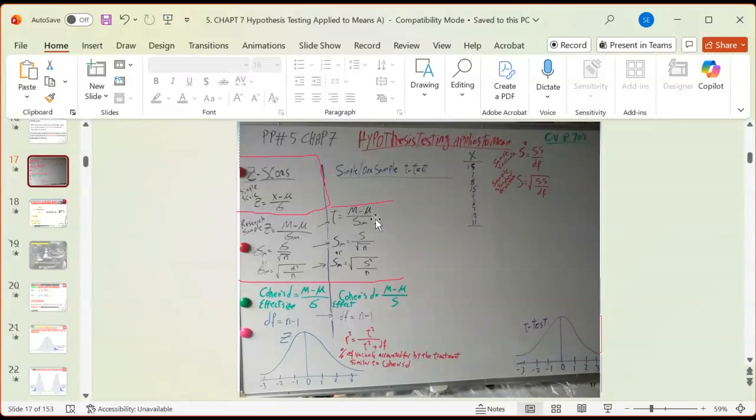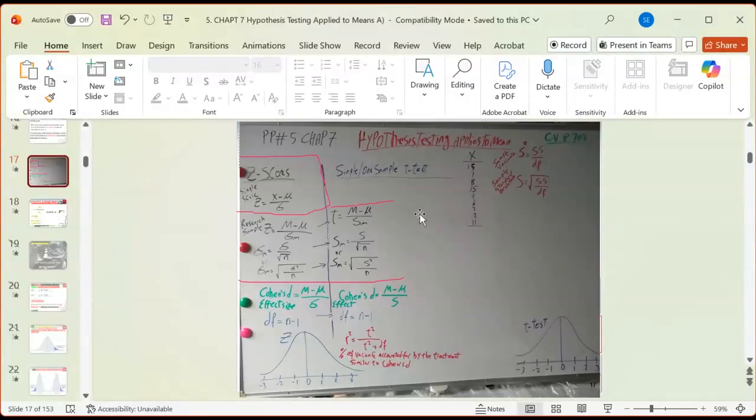But here, mu is not the population mean. It's the number that we're comparing with. For example, for the laptop, that mu will be 2 pounds. And for the Doritos, it will be 16 ounces.